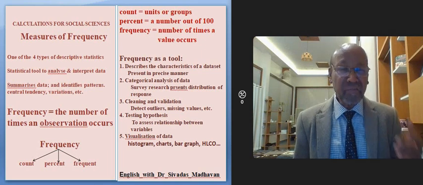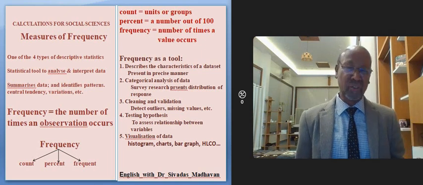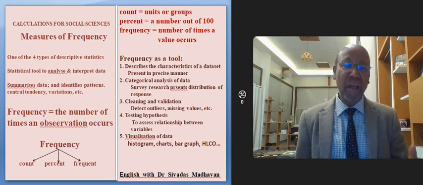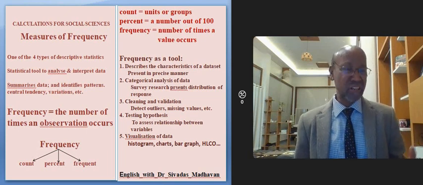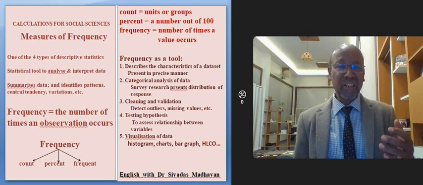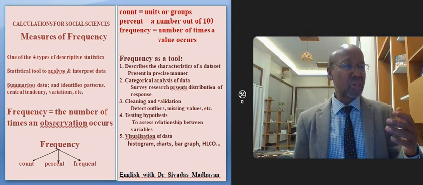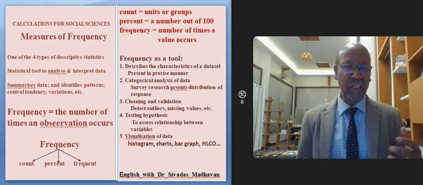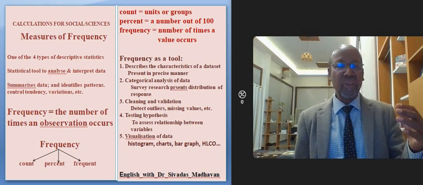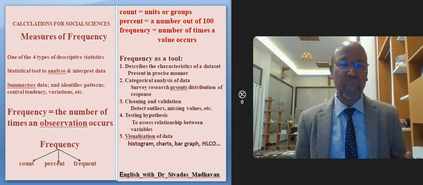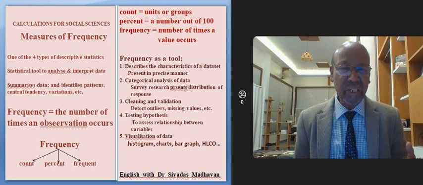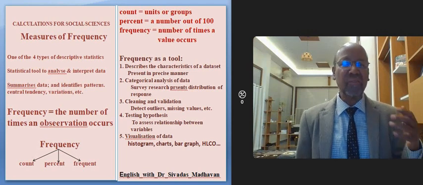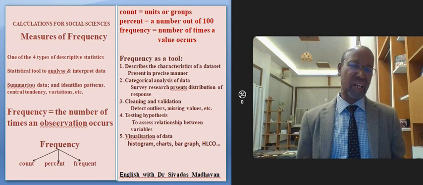Frequency is the number of times a value occurs, or number of times a value repeats. To cite an example, if you consider the quality of students in schools and colleges, we can say we studied 20 students from high school, 10 students from the undergraduate class, and 5 students from postgraduate class.